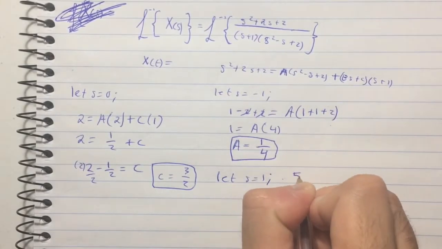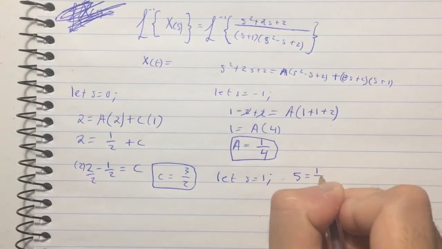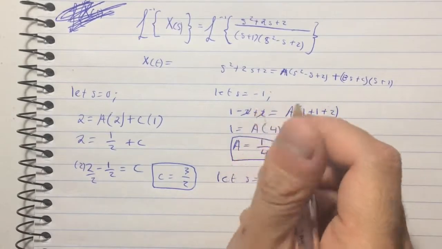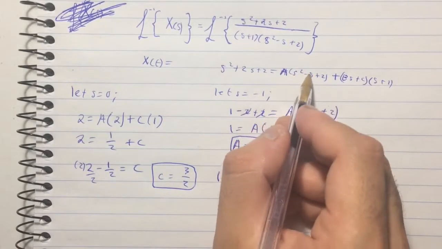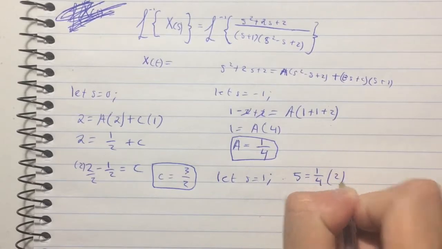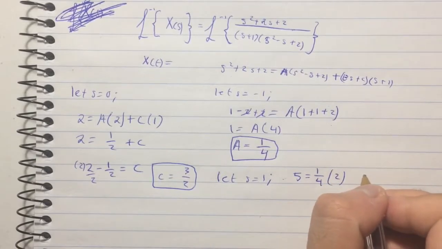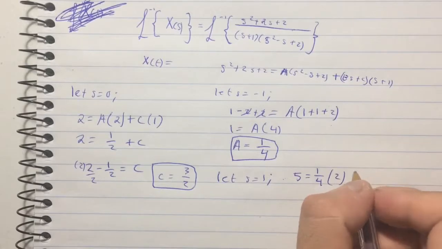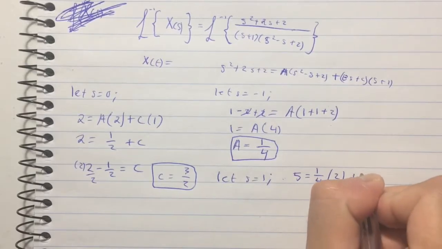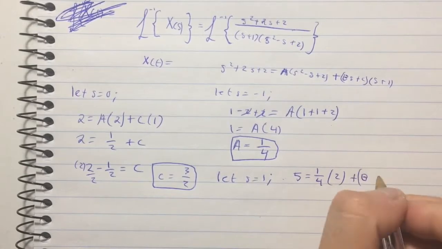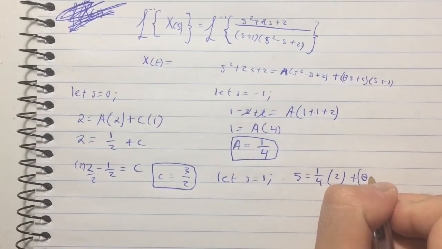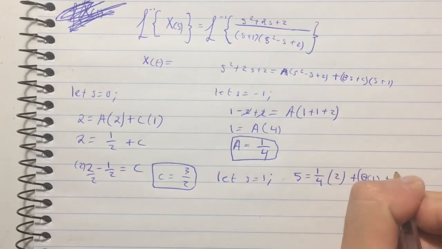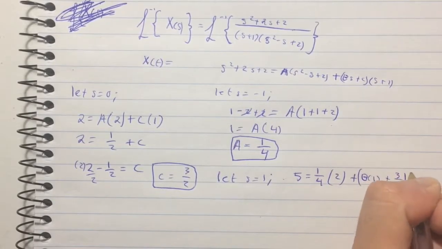So 5 is equal to 1/4 times 1 minus 1 plus 2, so that's 2, plus bs, and bs is just b, plus c, which is 3/2, multiplied by 2.